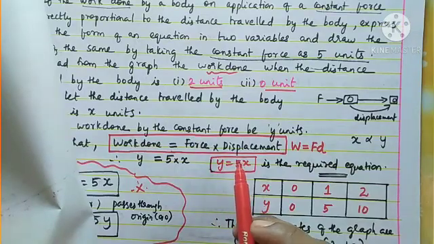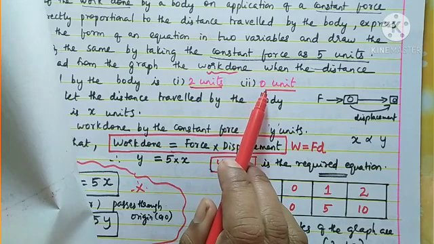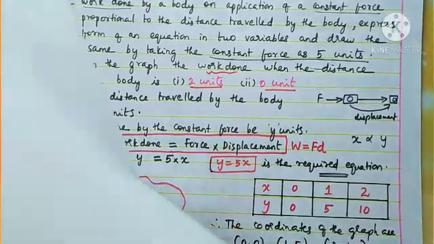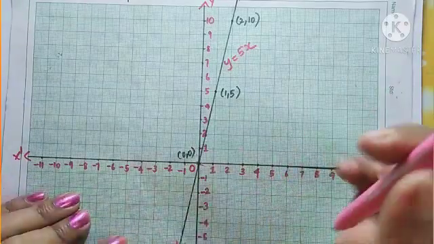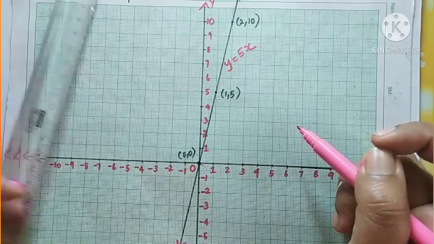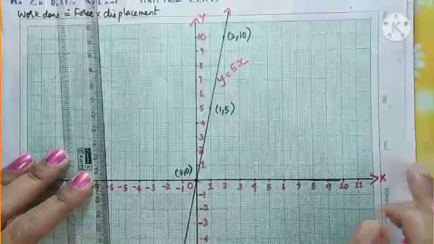So what is the value of y when x is 2? What is the value of y when x is 0? That is the thing we want to find out from the graph. First we are taking the first question, subdivision 1. What is the value of y when x is 2?